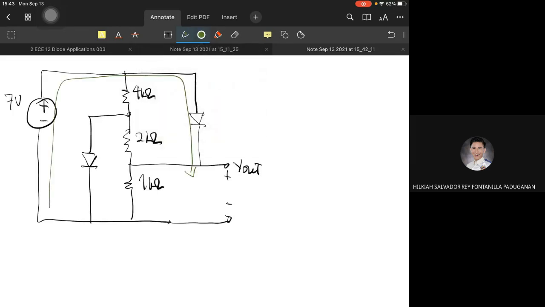KVL dire, masolve si V out. 7 minus 0.7 minus V out equals 0. V out is 6.3 volts. So if V out is 6.3 volts, V ni resistor 1, resistor 3, no?